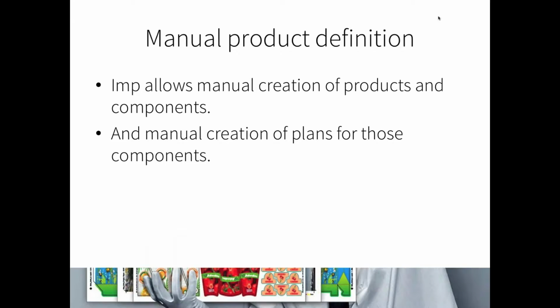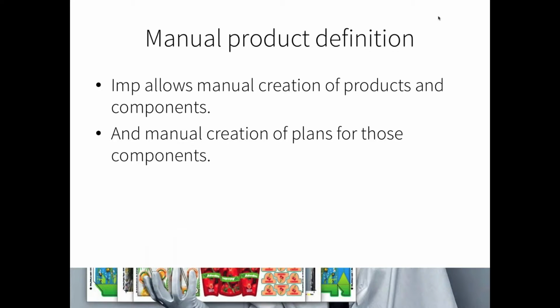Okay, that being said, that's the introduction, and I think we can start by looking at IMP a little bit. So what does IMP do from a manual point of view? Well, it allows creation of products and components, of course, and then it will automatically, or in this case manually, create a plan.